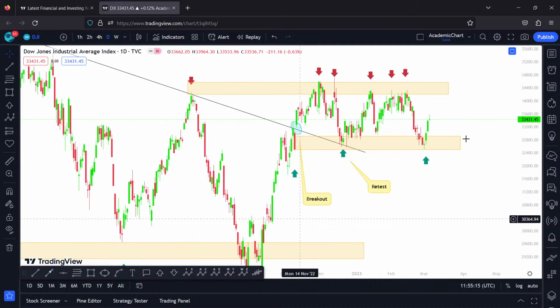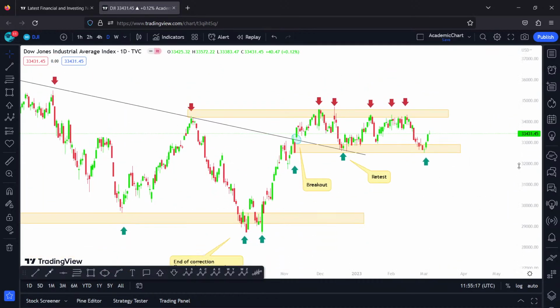So coming back to this big picture, the Fibonacci level, the double bottom, the breakout, retest, still confirming the retest. It is not breaking down the support zone, the point that it has been breakout, and we are retesting it.